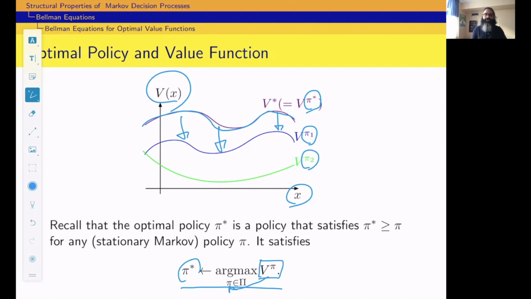Here we focus on policies that are stationary and Markov, so policies that do not depend on the time step. They are always the same, and they only look at the current state. I guess there are a few comments, which I'm going to talk about soon.